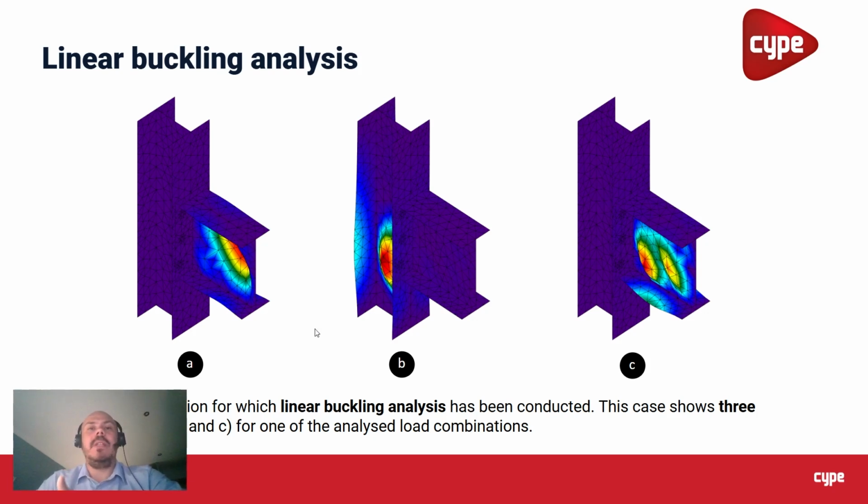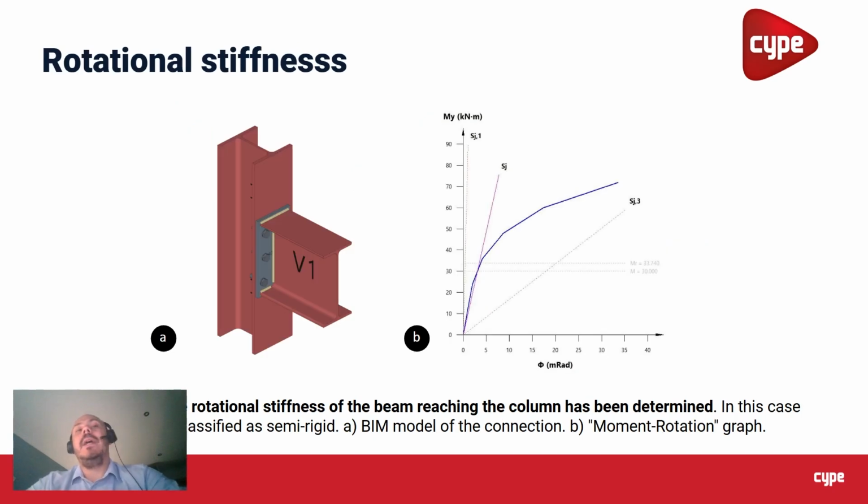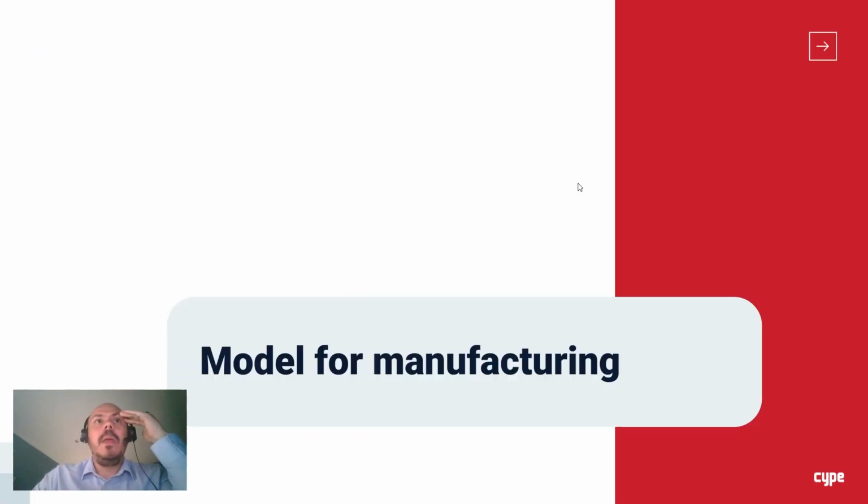In this little example, I have 3 modes, according to the different combinations of load cases that we have in the project. So we can run this type of analysis too. And we can also calculate the rotational stiffness of the elements, where we'll classify this connection as rigid or semi-rigid. So in this situation here, for example, we see an example of a semi-rigid connection.